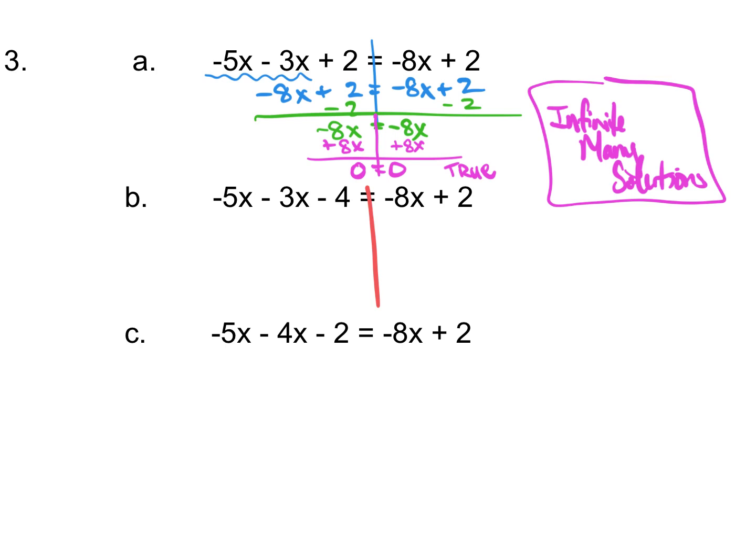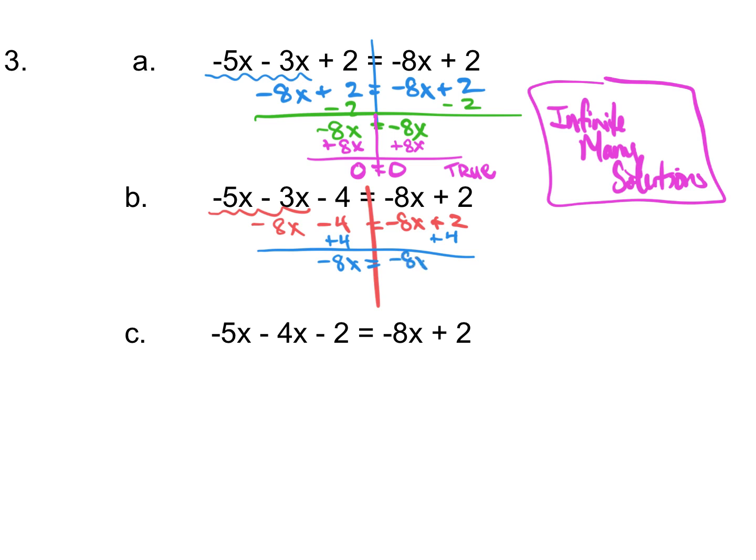All right, let's keep on moving. So combine negative 5x and negative 3x to get negative 8x, minus 4, negative 8x, plus 2. Let's move the 4. I know I'm doing this a little bit differently, but some of you are like, but I do it this way. Well, yeah, let's do it, okay?